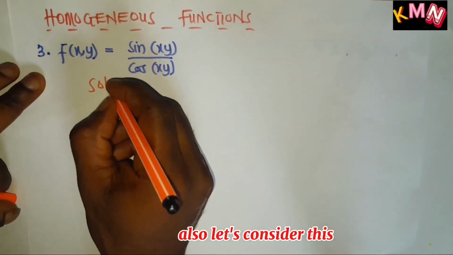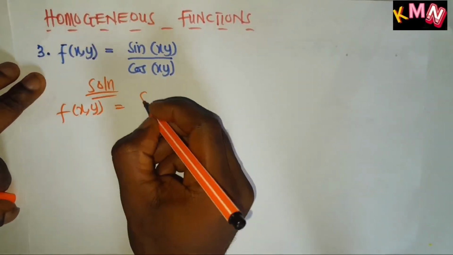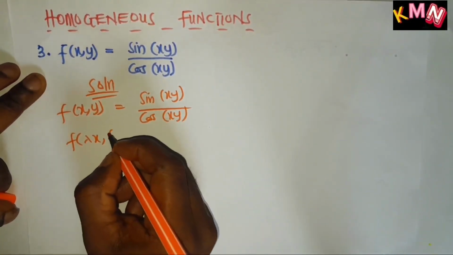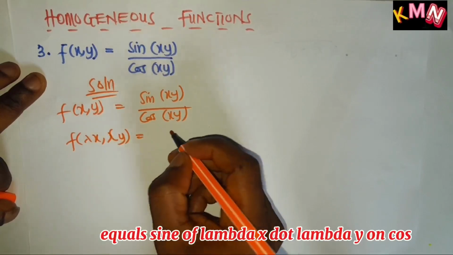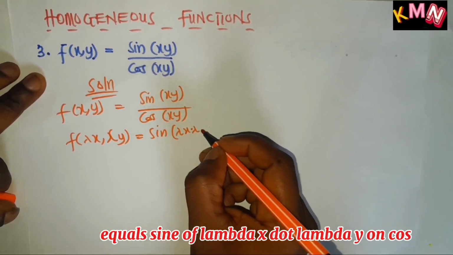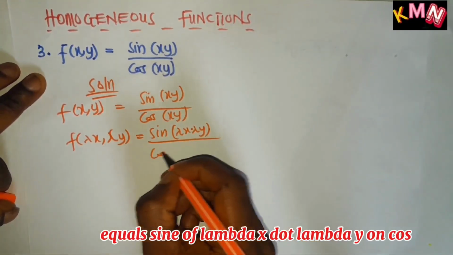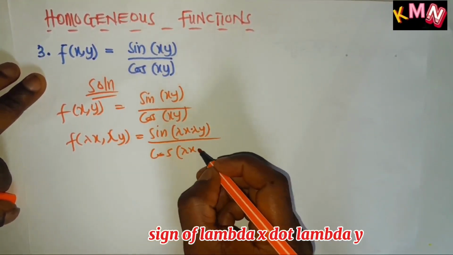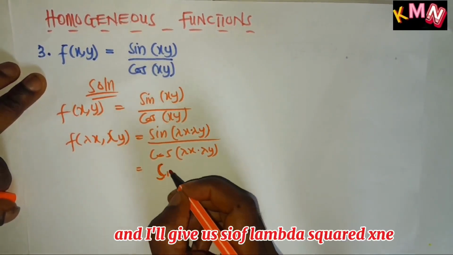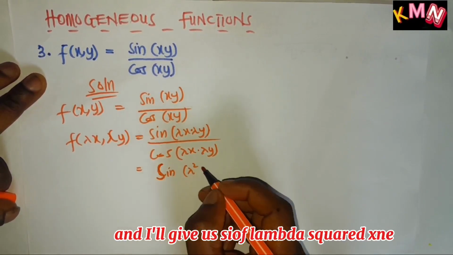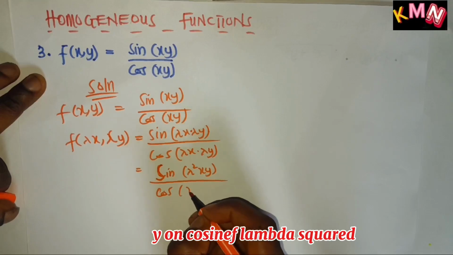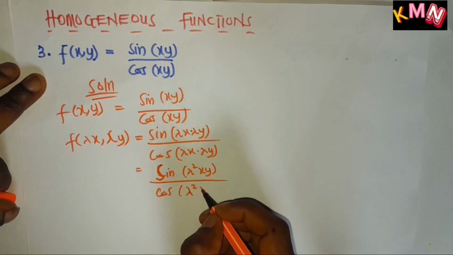Also, let's consider this. Now scaling, we are going to get sine of λx·λy over cosine of λx·λy, and that will give us sine of λ²xy over cosine of λ²xy.